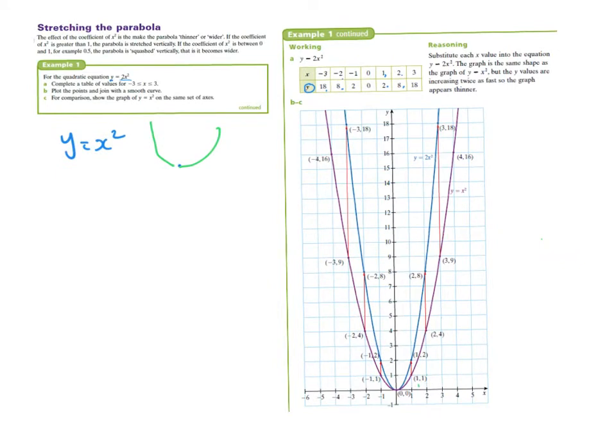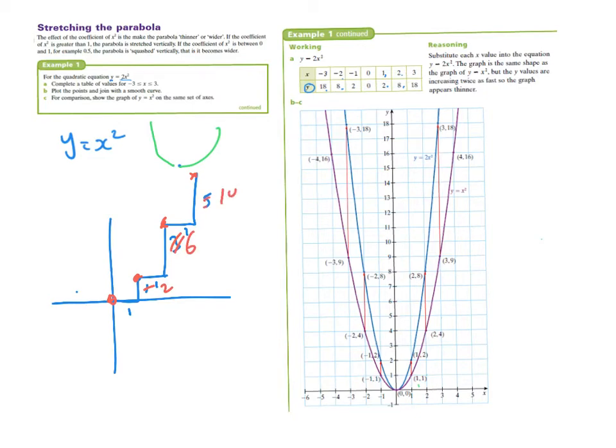Our step pattern for a basic parabola, the x squared graph, is 1 along 1 up, next one along 3 up, next one along 5 up. When we double that, we are basically doubling these steps to 2 up, 6 up, 10 up from there.